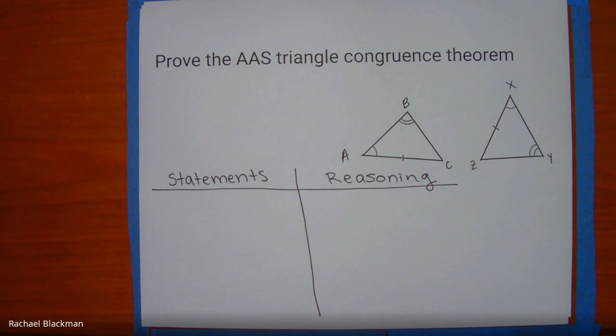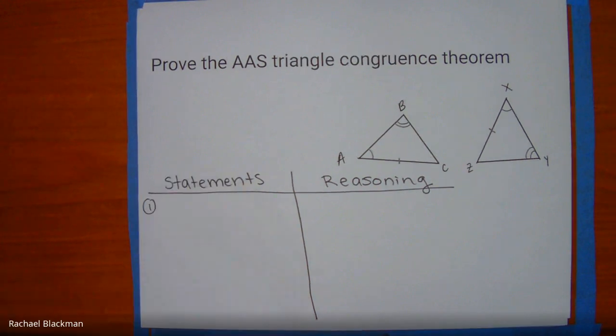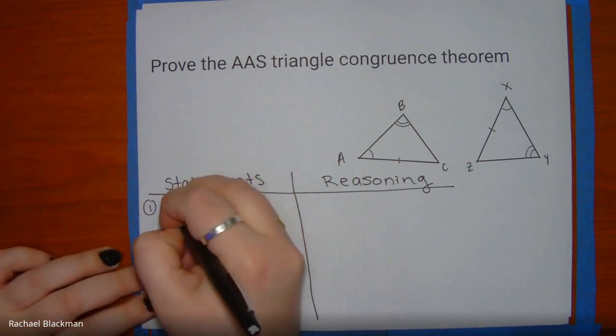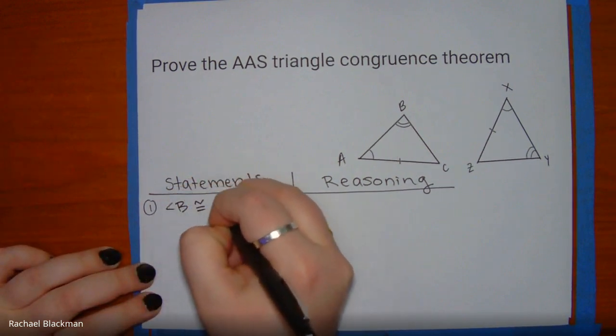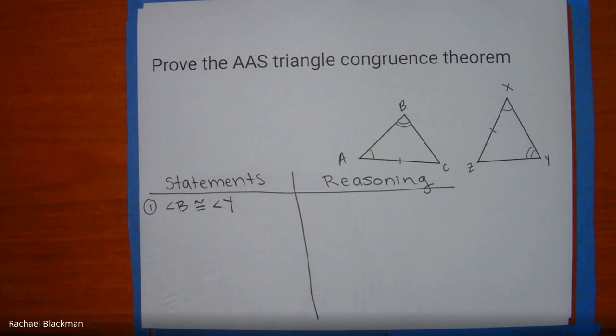Step one, what's something we know? Even from the picture, maybe. There we go. Angle B and angle Y, right? Angle B congruent to angle Y. Thank you, David.